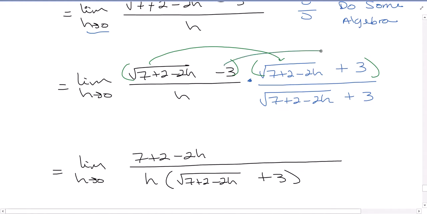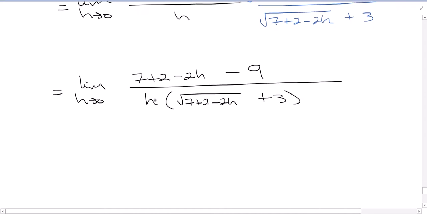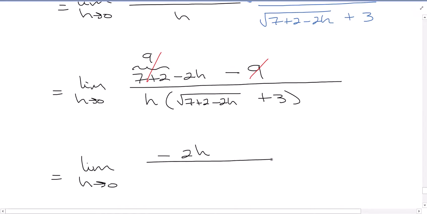So negative 3 times a positive 3 becomes minus 9. And so 7 plus 2 here is 9, minus 9. Those cancel. They give us 0, and so I'm left with, notice that I'm still writing my limit because I have not evaluated the limit. So I'm left with -2h in the numerator divided by h times that quantity.